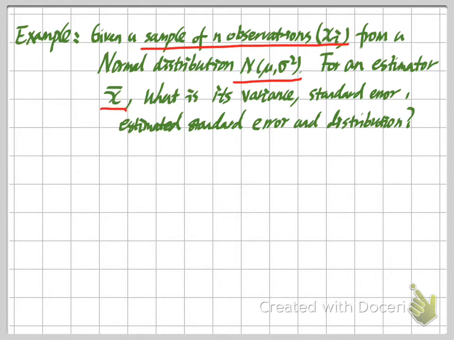In the question, they ask us what is the variance, standard error, estimated standard error, and the distribution of this estimator. To do this, the first thing is the variance of this estimator. It means we want to compute the variance of this x bar.